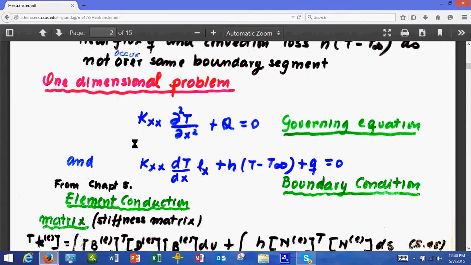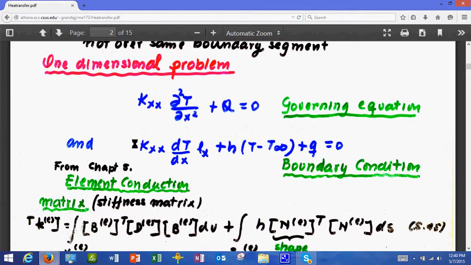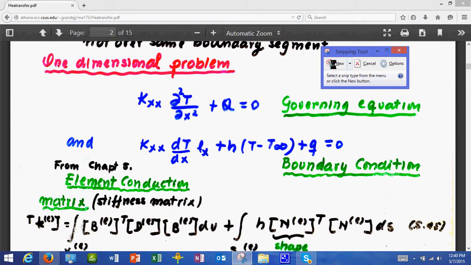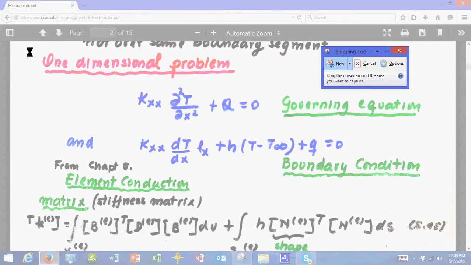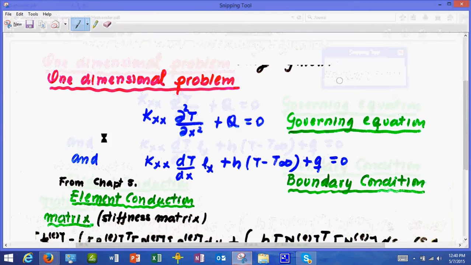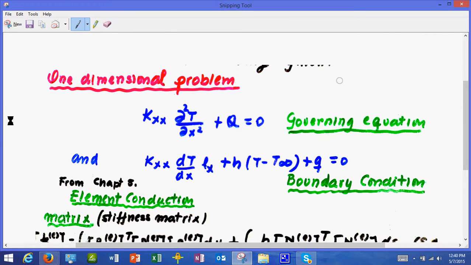Okay, let's talk about a one-dimensional problem. How does this work? Let's see if we can make a little drawing here so that I can explain this. A one-dimensional problem where you could just draw something like a fin, for example.